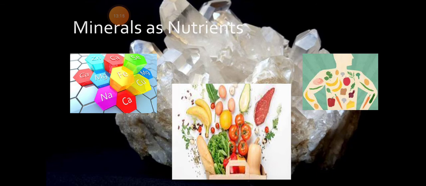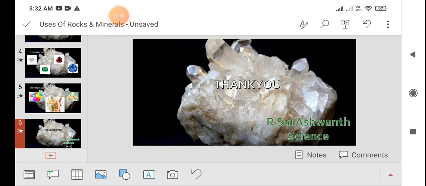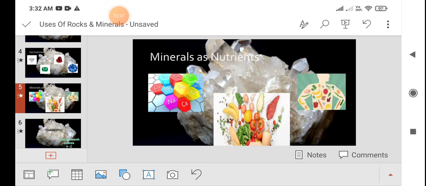And we are getting petrol and coal, which are very essential for running automobiles, vehicles, and factories. These are also obtained from rocks and minerals. The beautiful jewelry which we use, even that we are getting from minerals, and the gemstones.